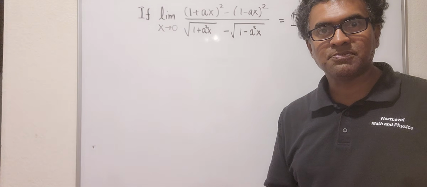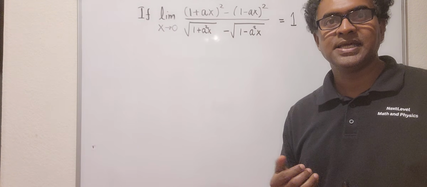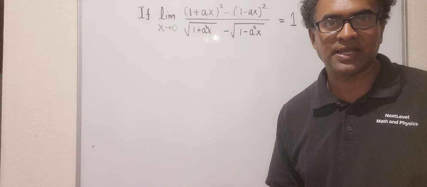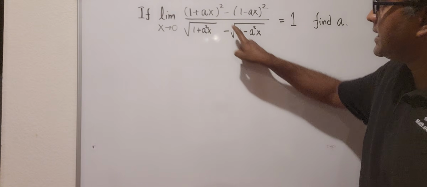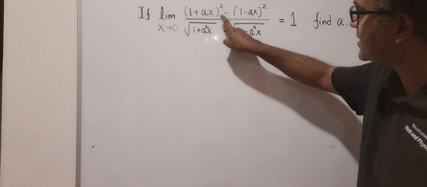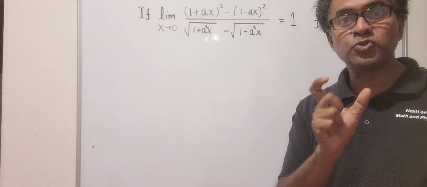I'm going to first start by simplifying the numerator, and then I'll simplify the denominator. If you look at the numerator, it has these two squares and it's a difference between two squares.